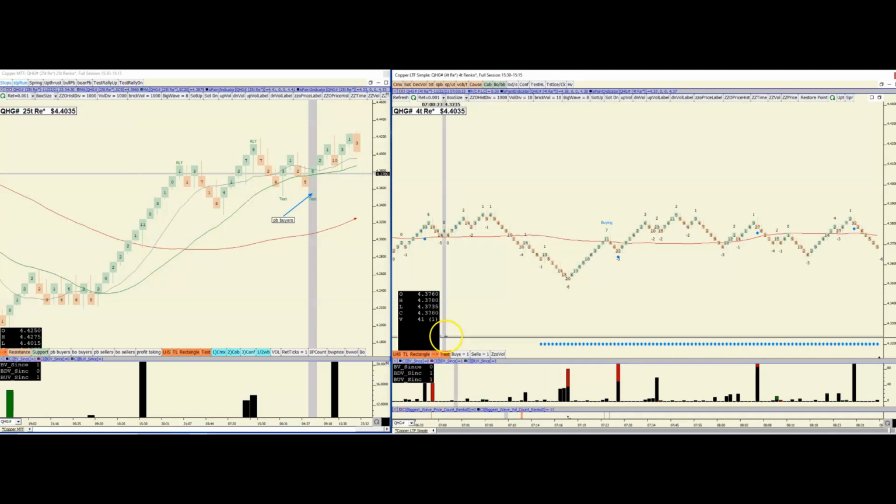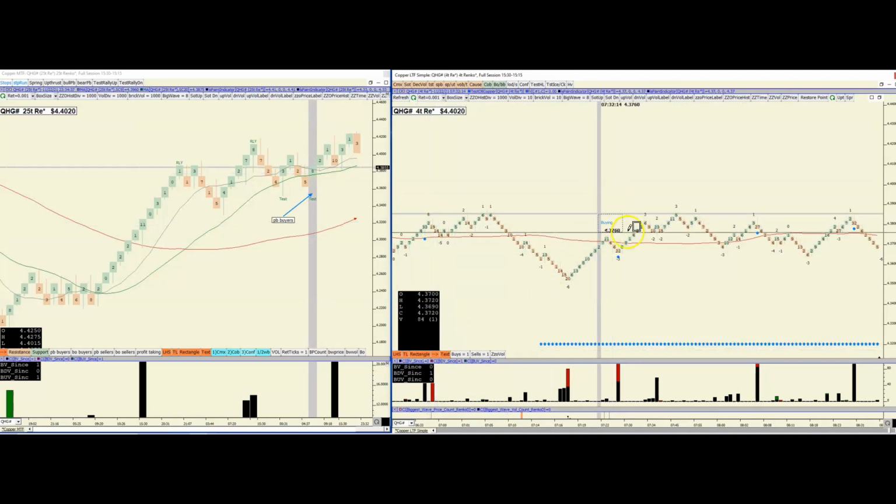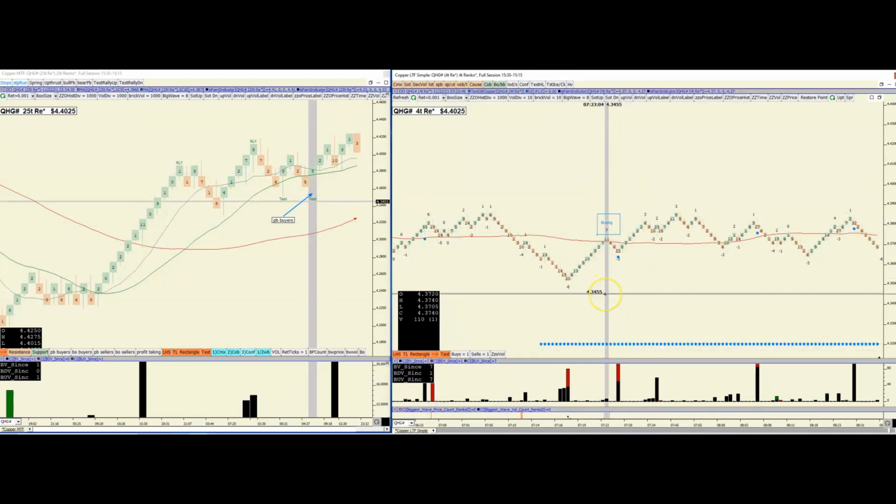Buying came in. 7... what is this? 700 or 70? I don't know, but I'm dividing it by something. Let me check. I think it's 700. Yes, 700 contracts came in here.